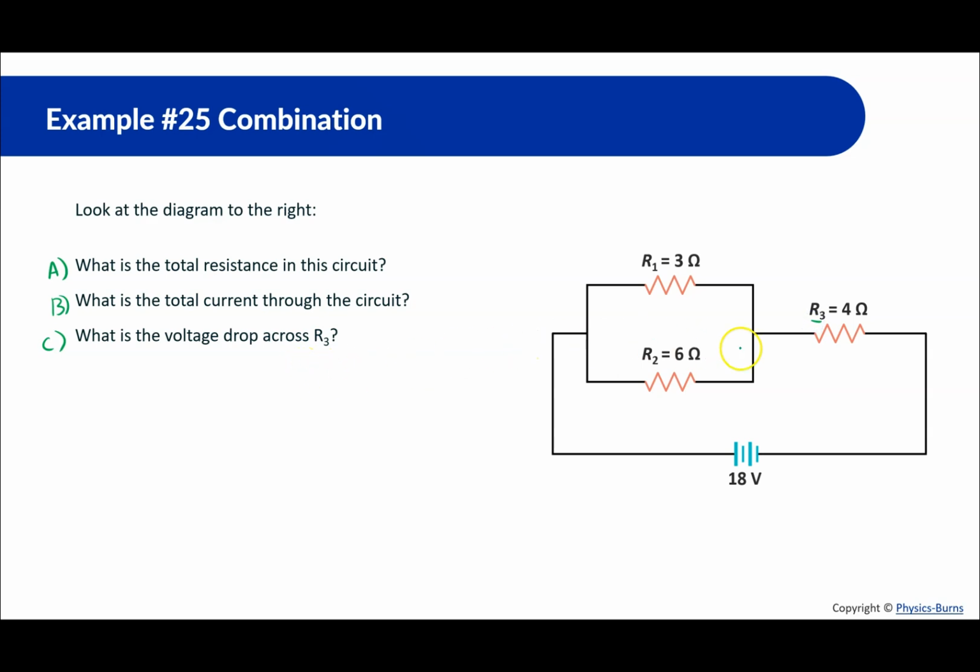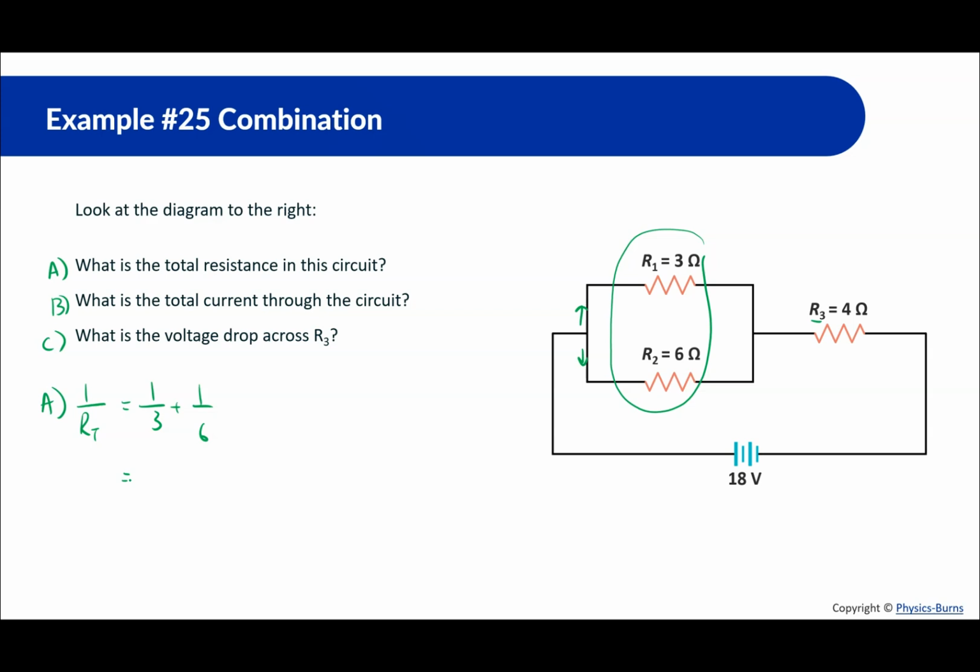Alright, total resistance. First, what I'm going to do is I'm going to break these two down to find out what the resistance is when you add those two together. So since the current is splitting off, that means they are in parallel with each other. So I'm going to be doing 1 over, I'm going to just call it resistance total, is equal to 1 divided by 3 plus 1 divided by 6.